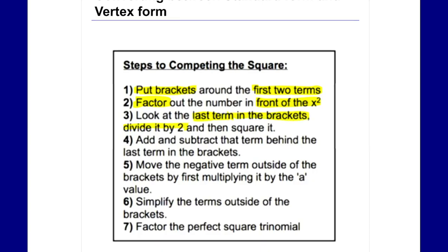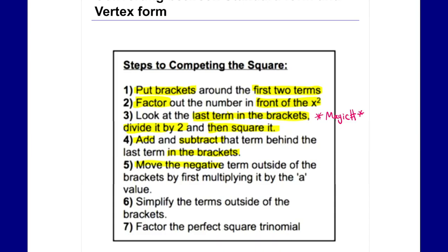We're going to divide it by 2 and then square it. So this little portion here is what we call getting our magic number. From there, we're going to add and subtract that term behind the last term in the brackets.